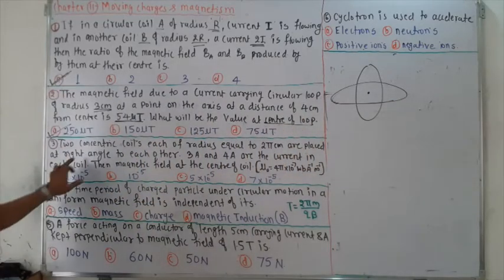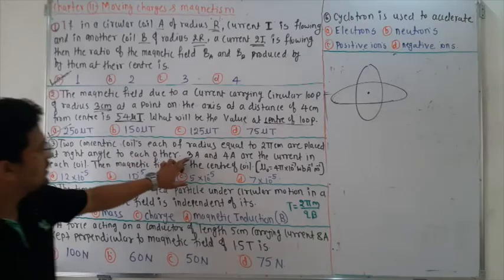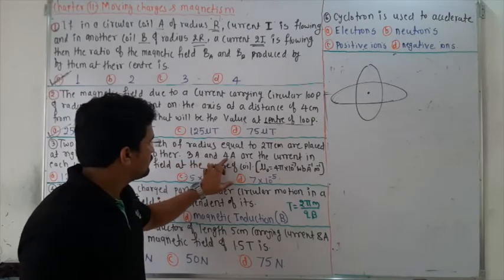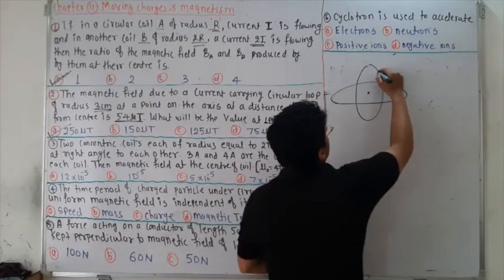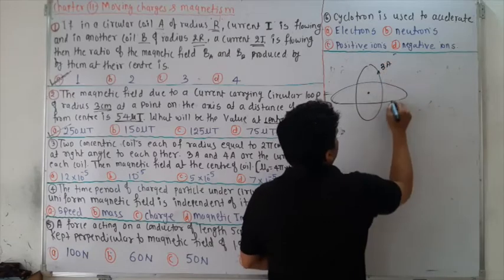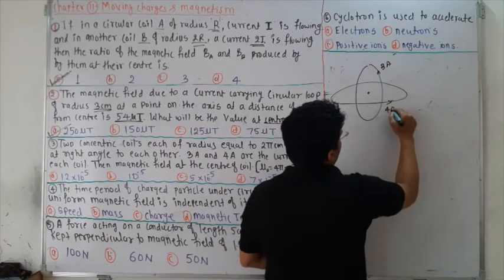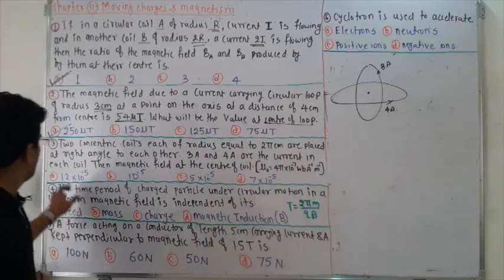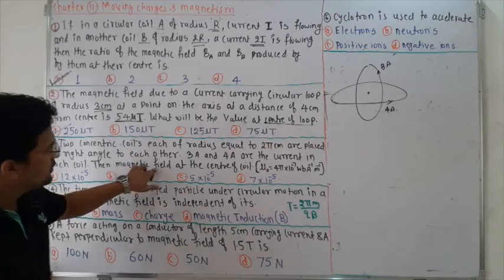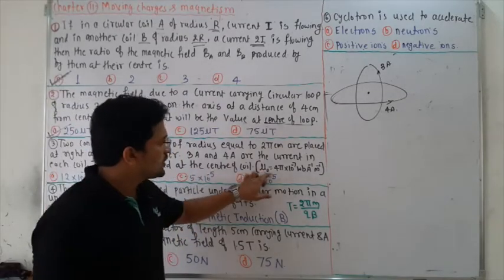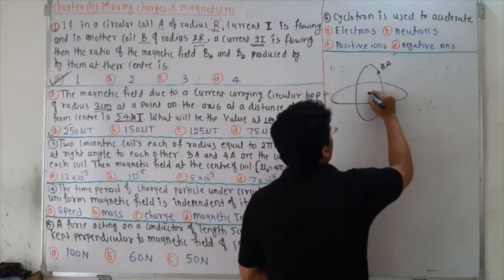Through them currents of 3 ampere and 4 ampere are flowing, maybe 3 ampere through this coil and 4 ampere through this coil. Then what will be the magnetic field at the center of the coil, where mu naught is given?